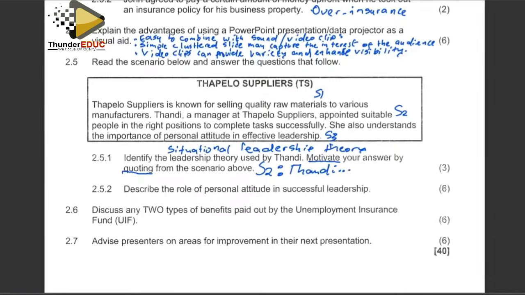Thandi, a manager at Tapelo Suppliers, appointed suitable people in the role of personal attitude in successful leadership. So now personal attitude: always have a positive attitude, which releases leadership potential. And also enthusiasm produces confidence in a leader.